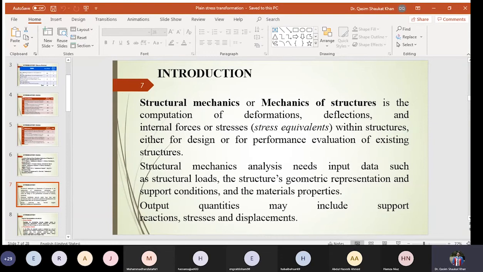Other thing is performance evaluation. This is for new structure design. We are calculating the loads for the design of new structure. The second thing is calculations of the loads for the performance evaluation of existing structure.